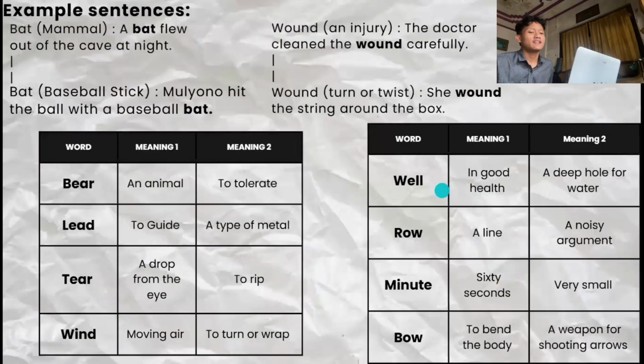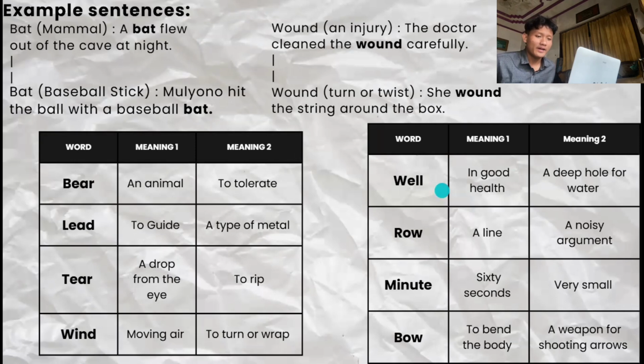Next is the example sentences from bat and wound. Here, bat as a mammal: A bat flew out of the cave at night.